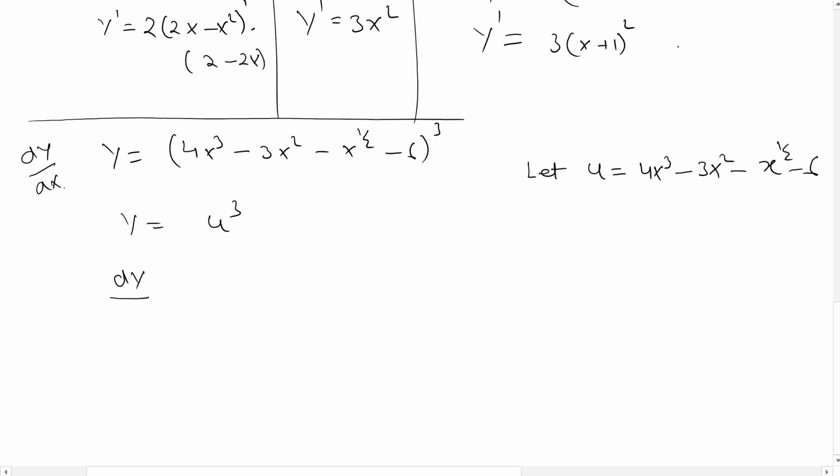The question is we have to find dy over dx, so the derivative of this equation is going to be 3u squared, and then the derivative of u. If you have x, you write 1, but now it's not x, it's u, and this u is a function of x. So you write the derivative of u as du over dx. And now, what is du over dx? You will figure it out by doing the derivative of u on the right hand side.